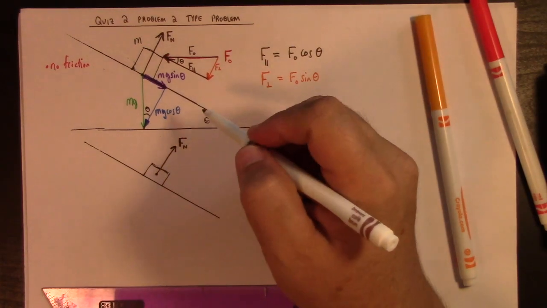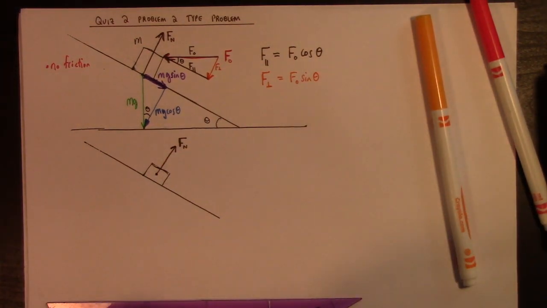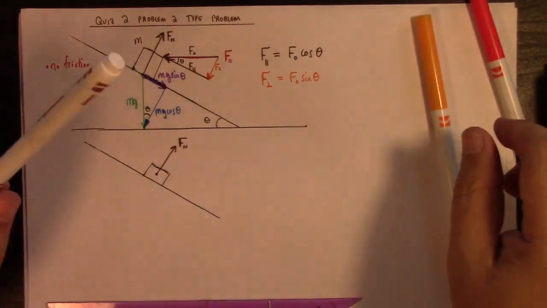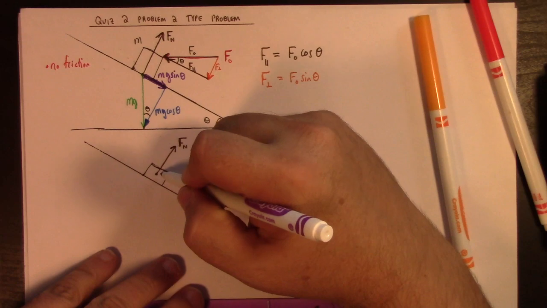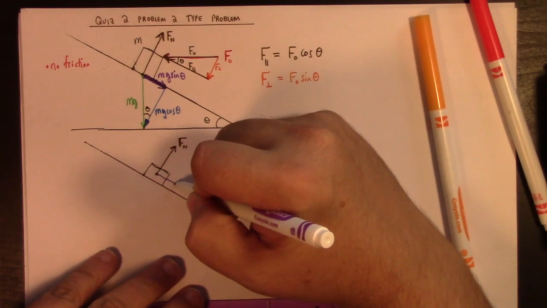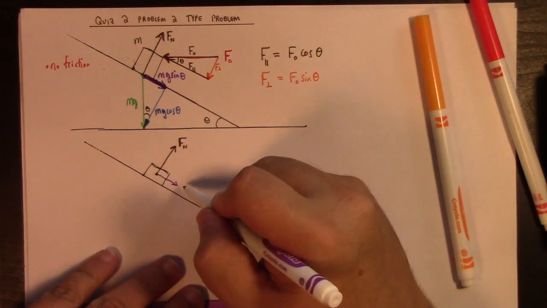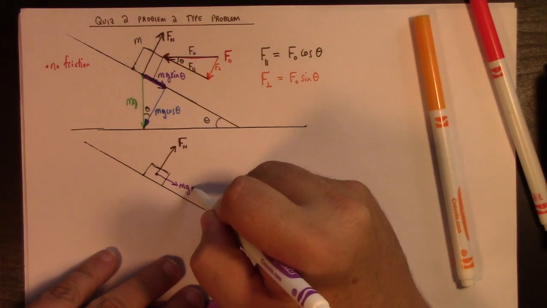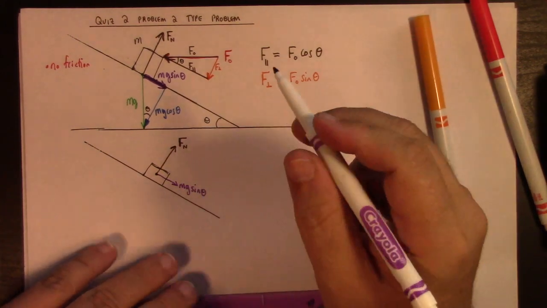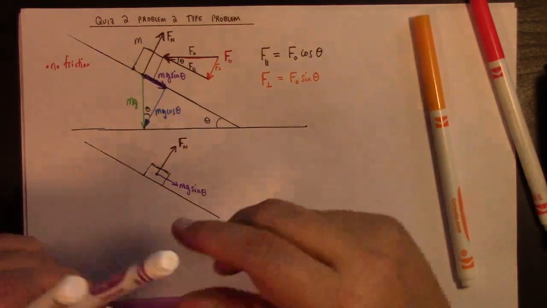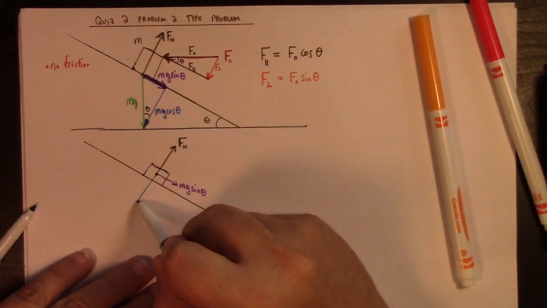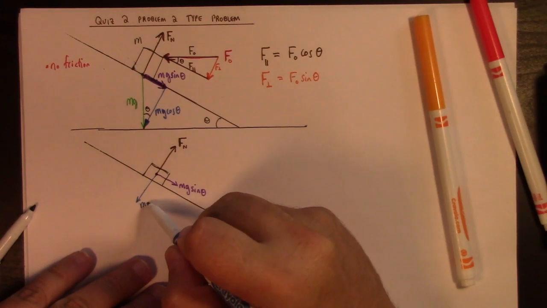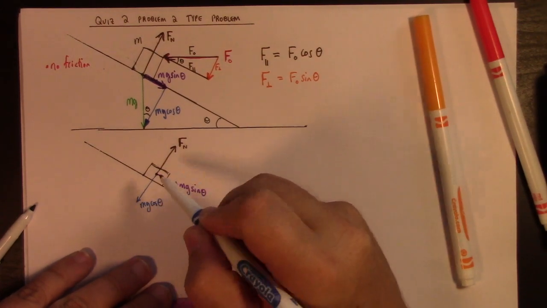Then we have, and so what I'm going to do is rather than write the gravity, I'm going to write gravity as if it's two forces, right? Because it's really two forces as far as I'm concerned. It's this parallel component of gravity, mg sine theta, like so. And there is also the perpendicular part of gravity, over here, mg cosine theta, right?